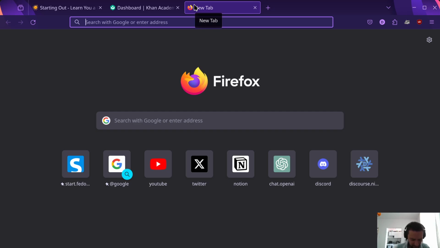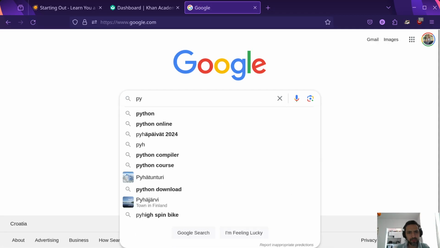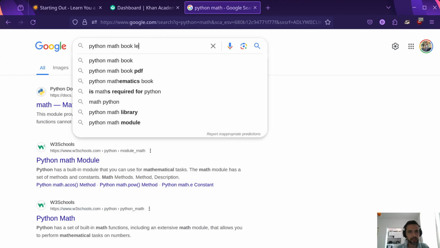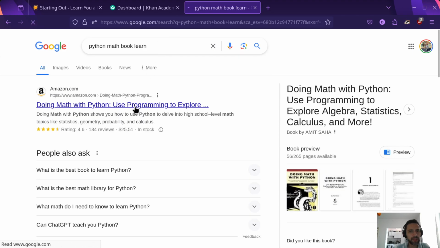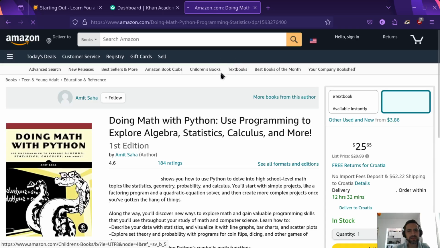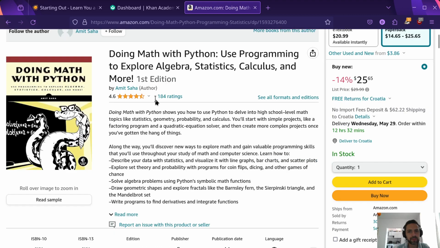And I remember there was a book called Doing Math with Python, Use Programming to Explore Algebra, Statistics, Calculus, and More. First edition.